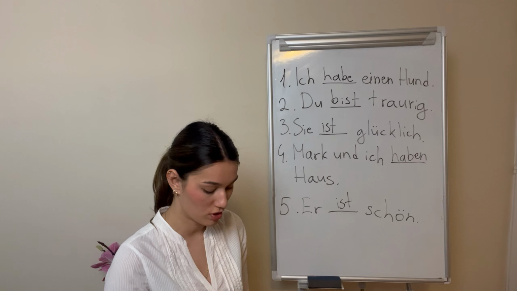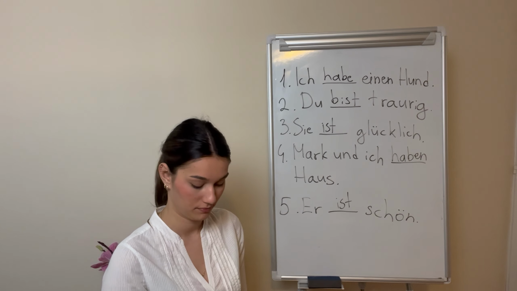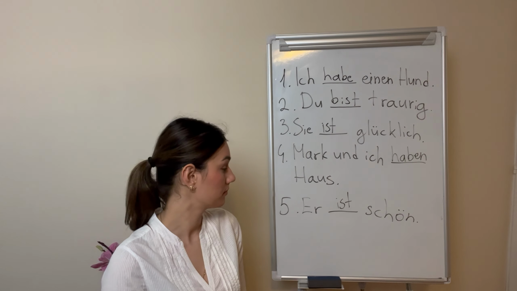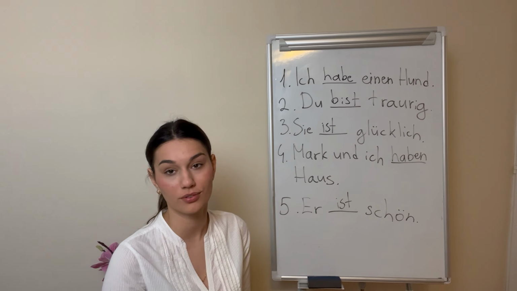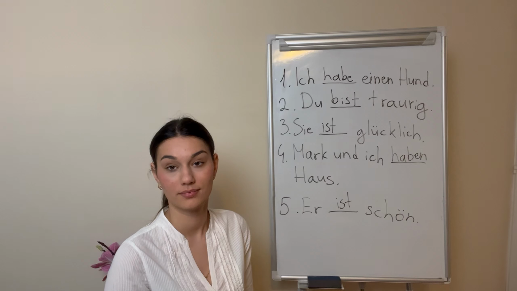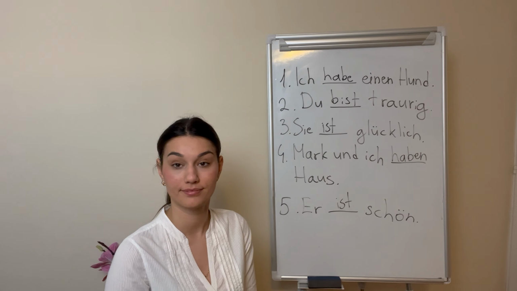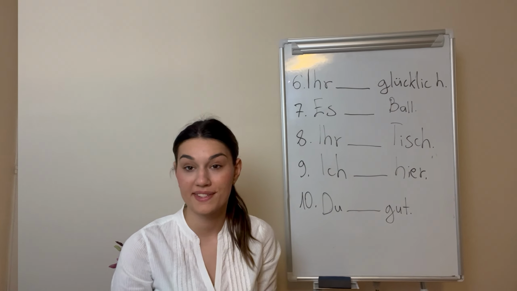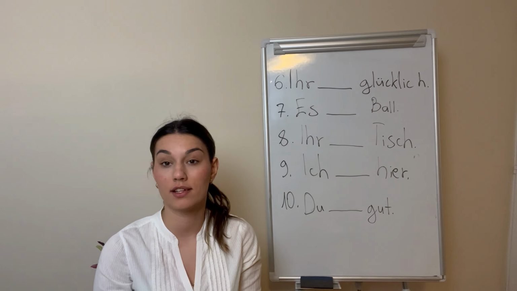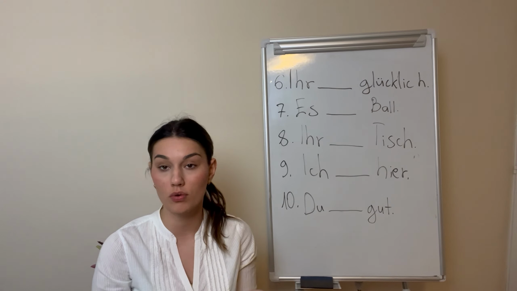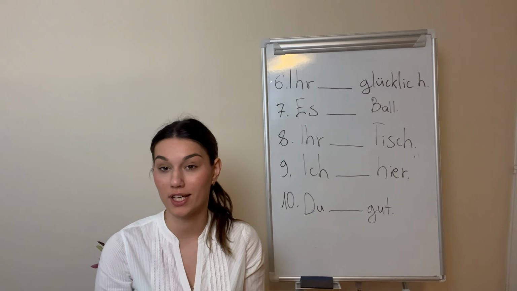And now try to translate the whole sentence for me. Sie ist schön. She is beautiful. That's right. Once again, here you have a couple of exercises, and you will have enough time to do them on your own, and then we will check them together.